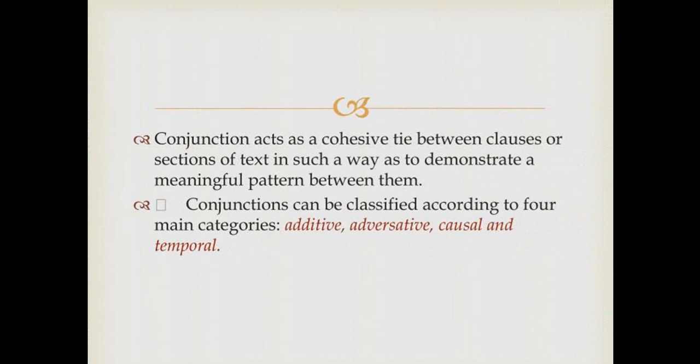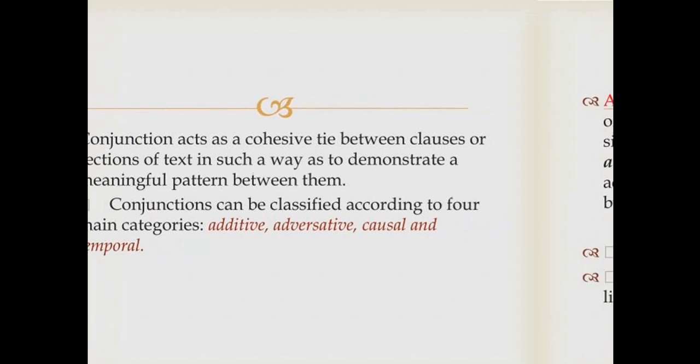Conjunction acts as a cohesive tie between clauses or sections of text in such a way as to demonstrate a meaningful pattern between them. Conjunctions can be classified according to four main categories as mentioned before: additive, adversative, causal, and temporal.